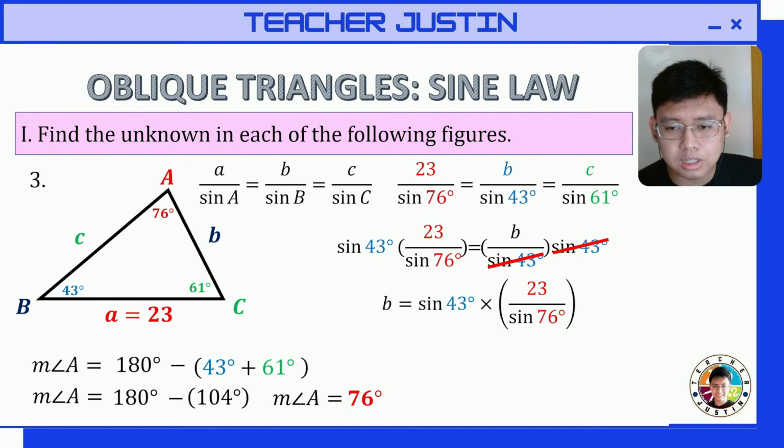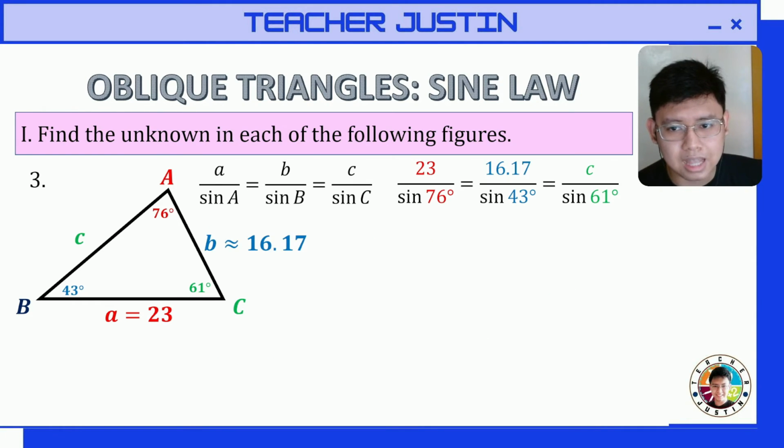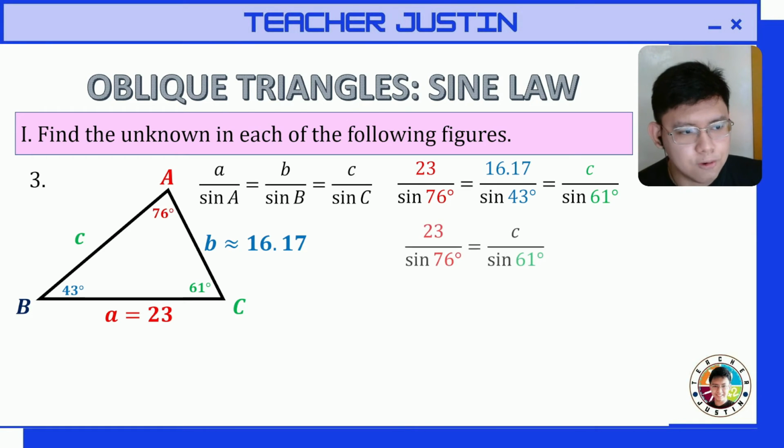Let's get the approximate value of side b. So the approximate value of side b will be equal to 16.17 units. So yan yung ating value ni side b. Now, nakuha na natin si side b, let's get the value of side c. Using the same complete fraction, 23 over sine 76 degrees, equate natin siya kay c over sine 61 degrees.